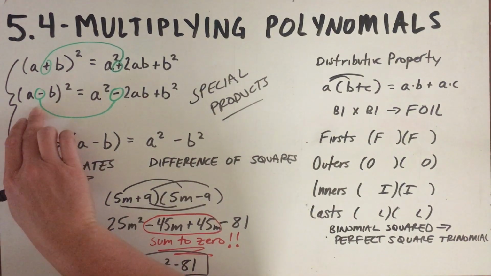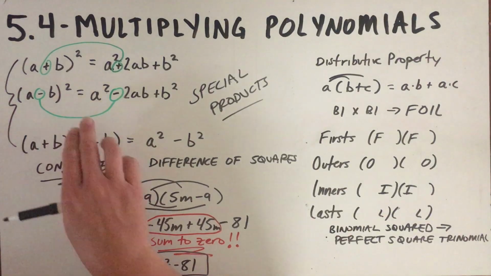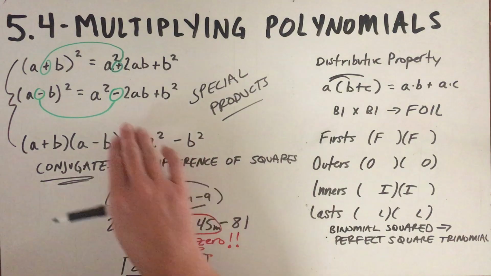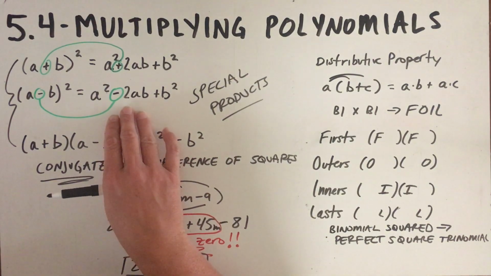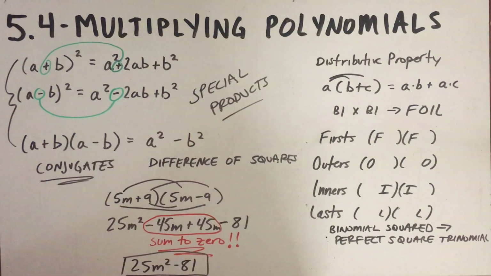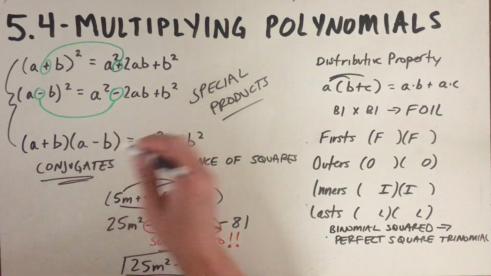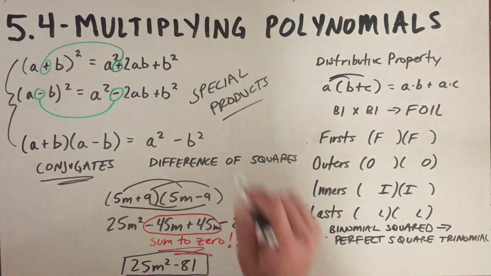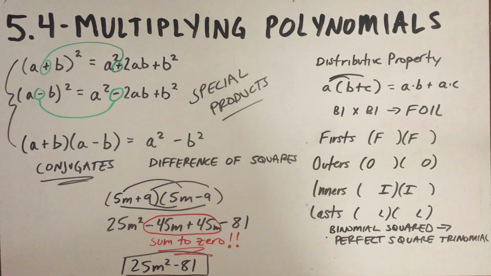If I multiply a binomial together with a negative sign, or by itself, a binomial squared, I get a perfect square trinomial. But the difference is that they have matching signs to whatever the binomial was. Where here, if I use conjugates and I multiply them together, I get a difference of squares. Okay, so these are special products. We're going to talk a ton more about these as the semester goes on.